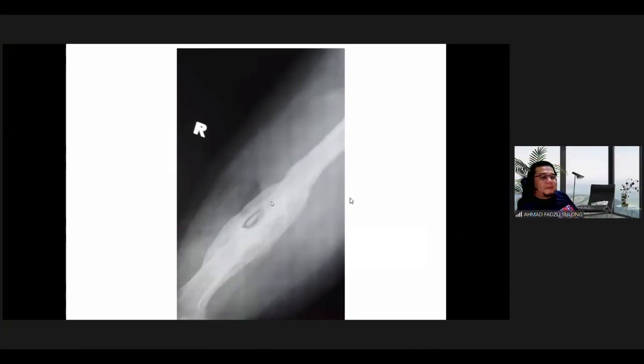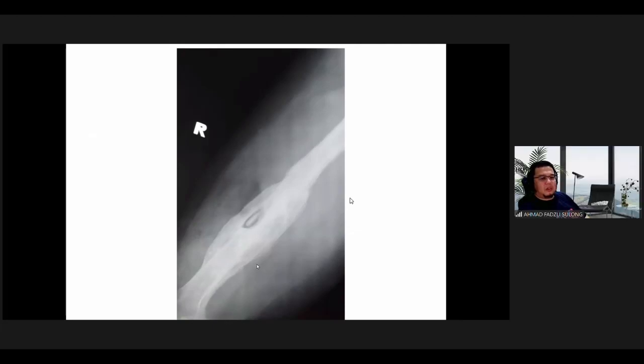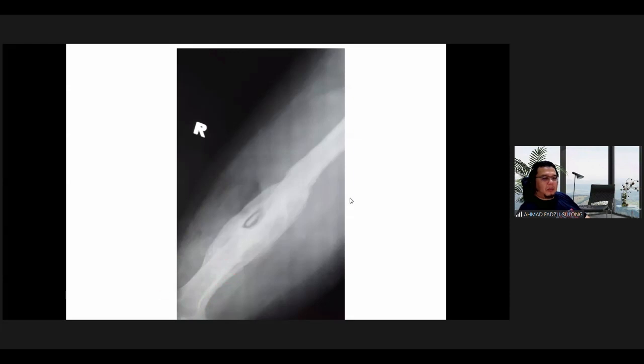And in AP position, the right femur, there is... Actually, you can't really tell if it's AP, but this is not AP actually. If it were properly done, this is not AP, this is lateral, right? Where do you see AP looking like this? Okay, sorry. This is your distal, but it's fine because you can't see the knee. If you see the knee properly, this is not AP, okay? But anyway, so what do you see?